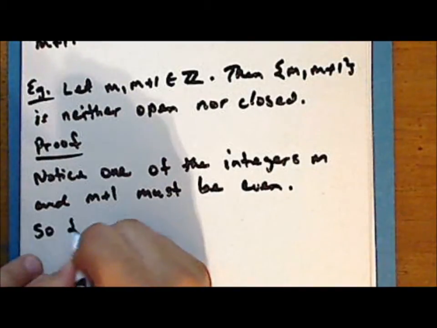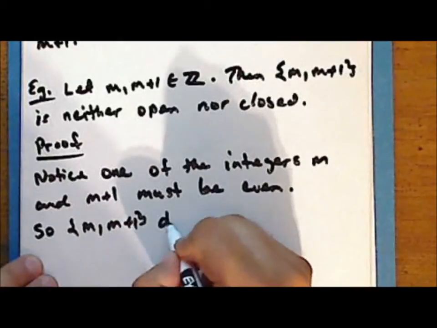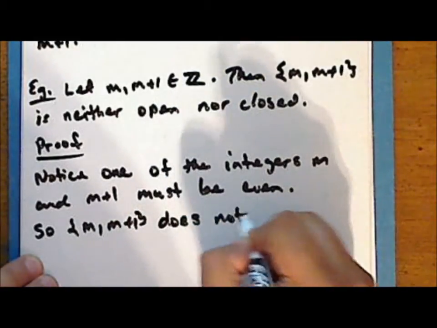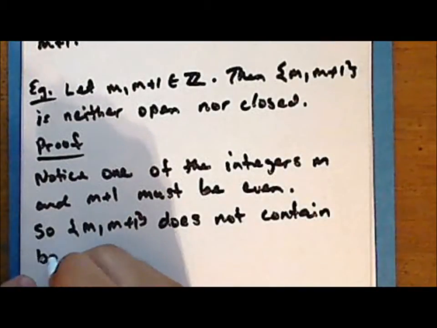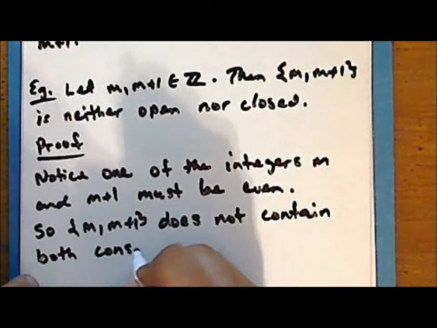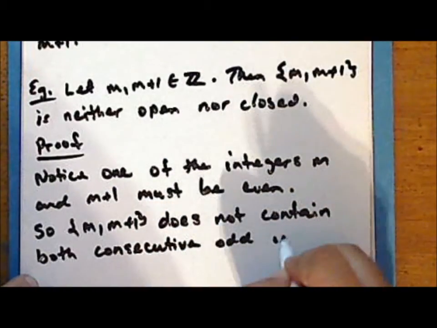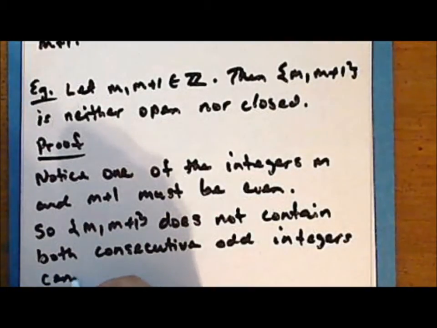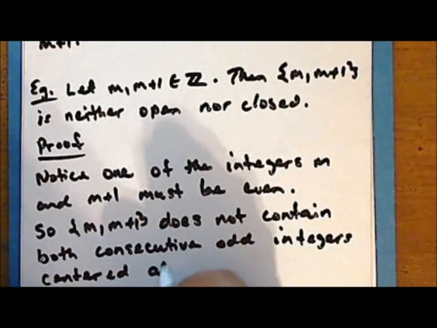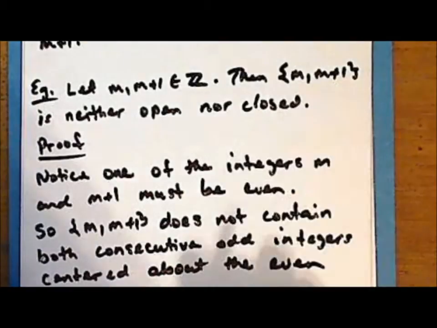And so the 2-point set, m, m plus 1, does not contain both consecutive odd integers centered about the given even integer.